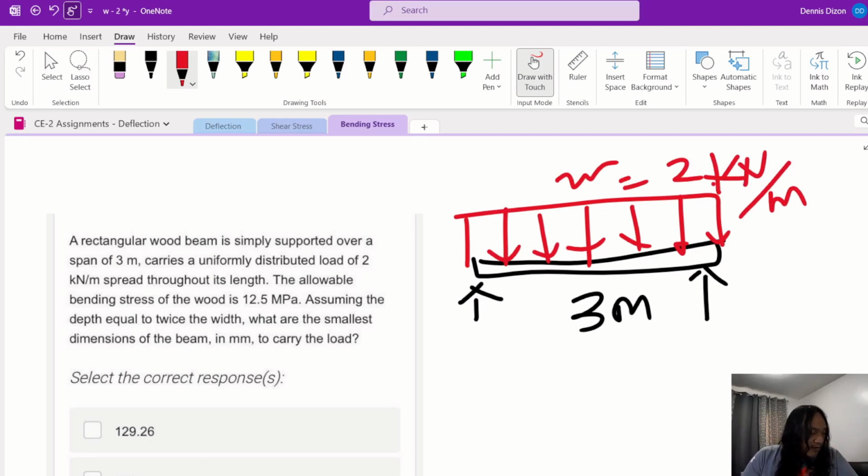And then it says here the allowable bending stress of the wood is 12.5 megapascal. Assume the depth equal to twice the width. What are the smallest dimensions of the beam in millimeter to carry the load?